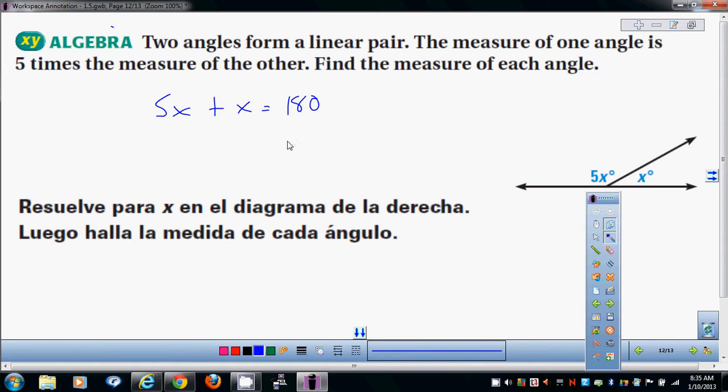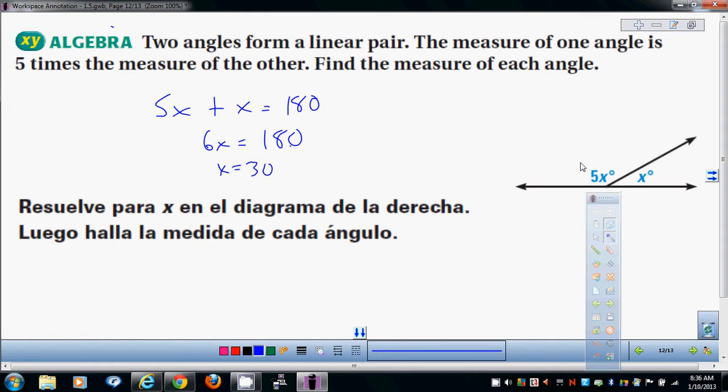Very good. If in your notes it says something is congruent, then you're setting them equal. If it says they're complementary, then you're adding them to 90. If it says that they add to 180, then you add them to 180. So 5x plus 1x is 6x, divide by 6. Now it says find the measure of the angles.